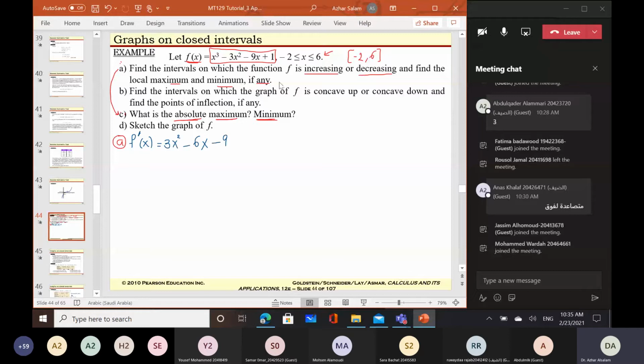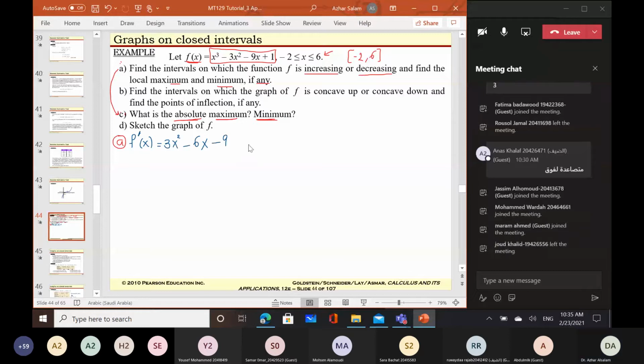Then I will find its zeros to find the critical points. This is a second degree polynomial, so it's easy to find its roots. I will divide by 3 to simplify. It will be x squared minus 2x minus 3 equals 0.